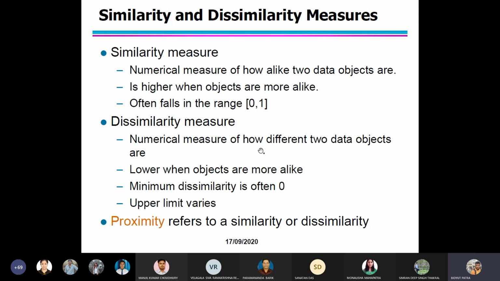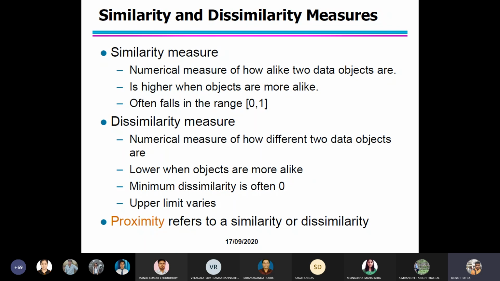Now one example of a dissimilarity measure is the distance measure. Whenever the distance between two objects is very small, we say that the two objects are quite similar to each other. Therefore it is a dissimilarity measure: when the value is less, two objects are more similar.